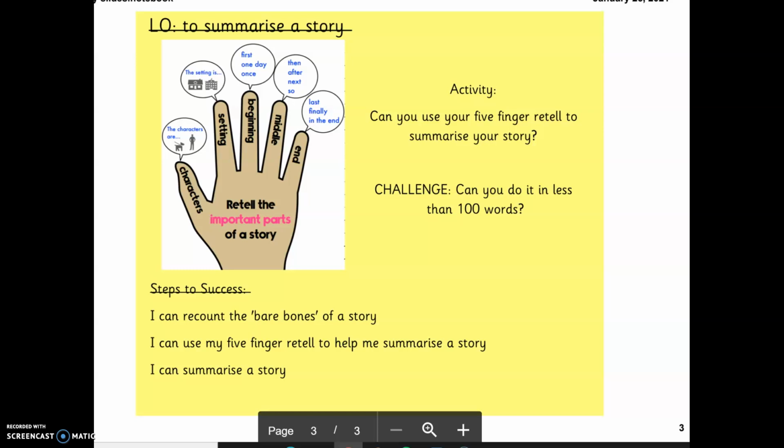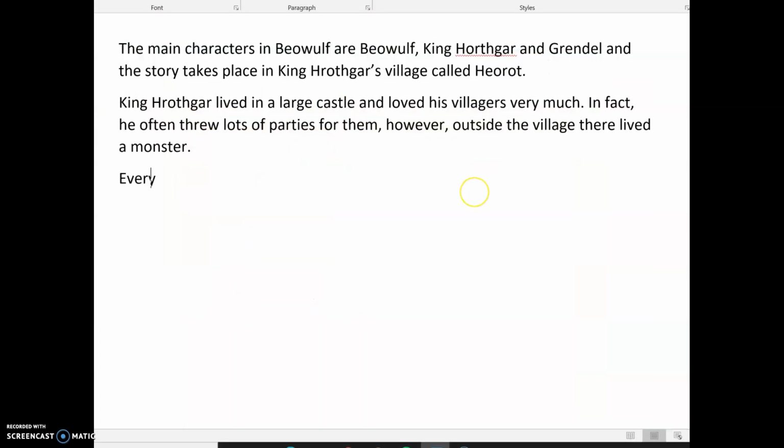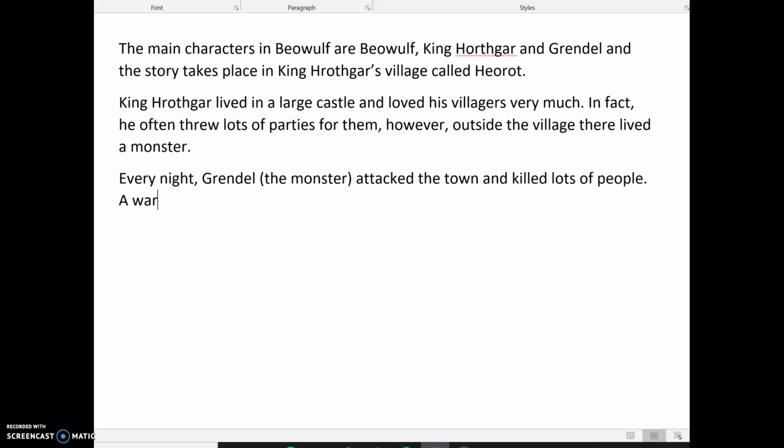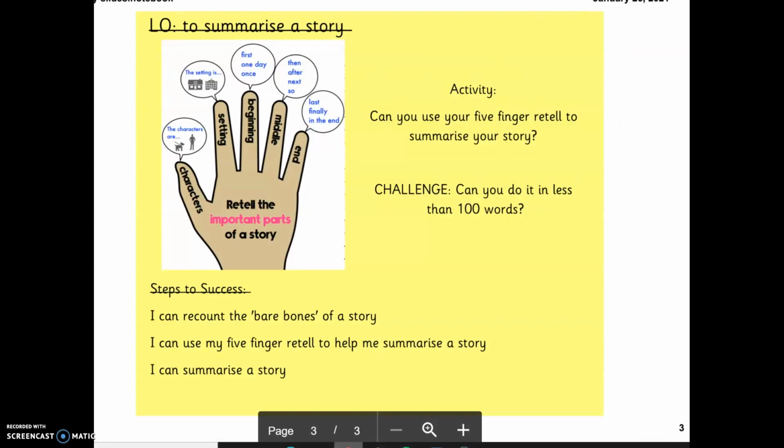Okay, so every night, Grendel, the monster, attacked the town and killed lots of people.